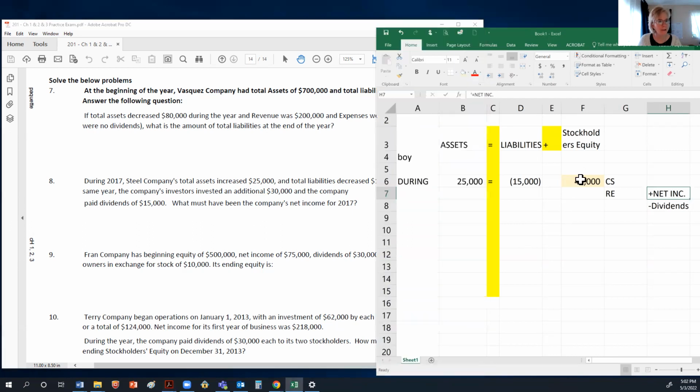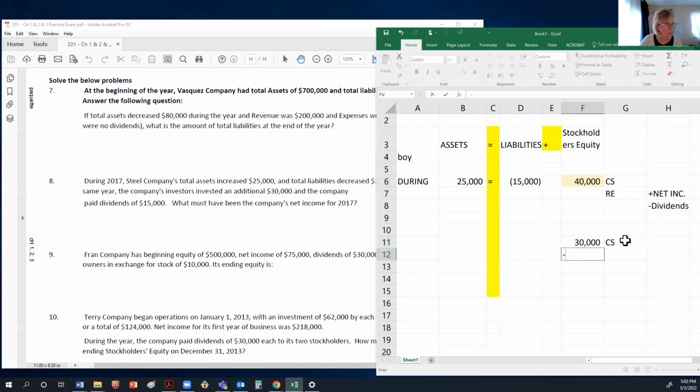So you know the ending balance here, the total of the transactions during the year, was 40,000. Of that 40,000, we had additional common stock of 30,000.